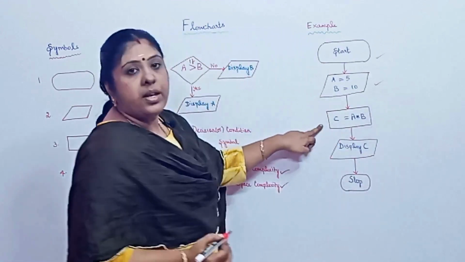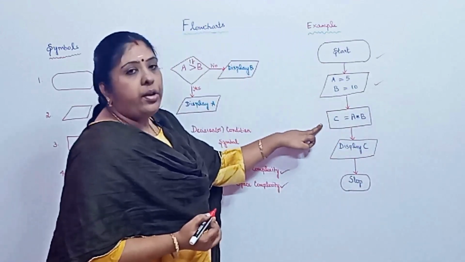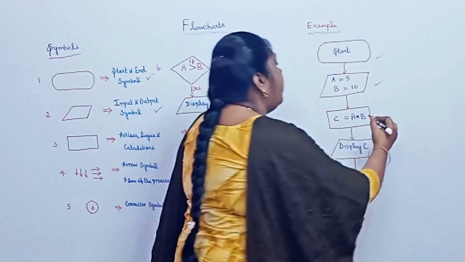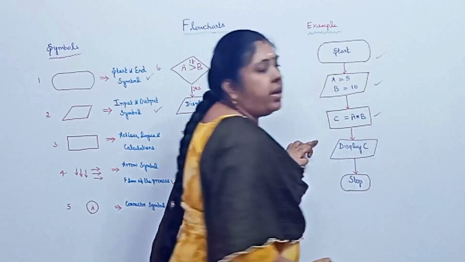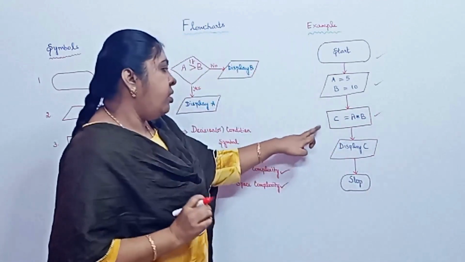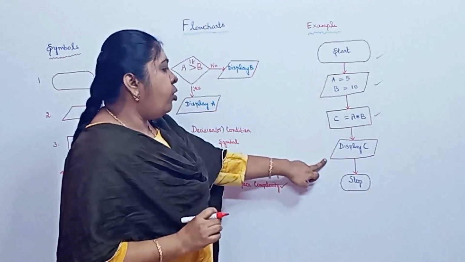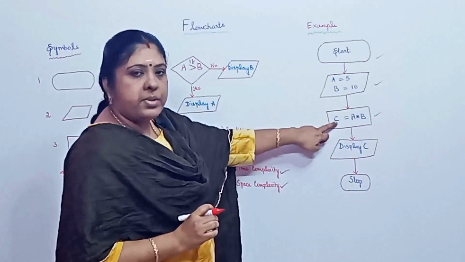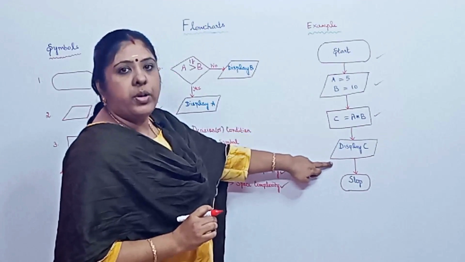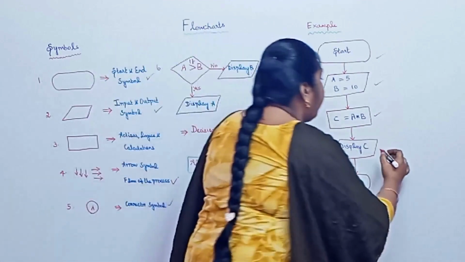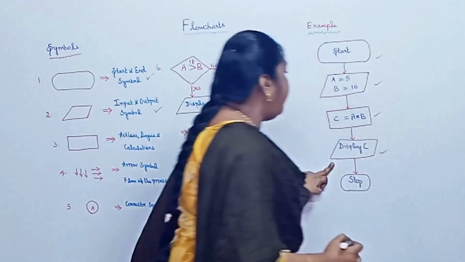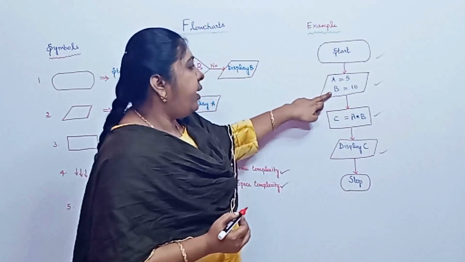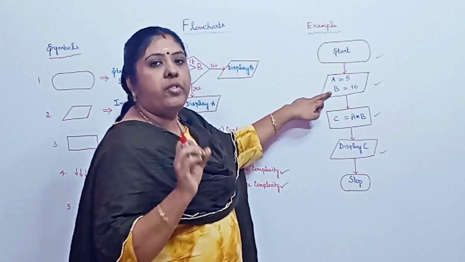And then next comes C equal to A into B, A asterisk B. That is the multiplication part, the rectangle shape in which actions or logics are used. And then the output phase, that is, display C. The result is stored in C, and the output is shown in a parallelogram shape, in which A is 5 and B is 10, the input given by the user.